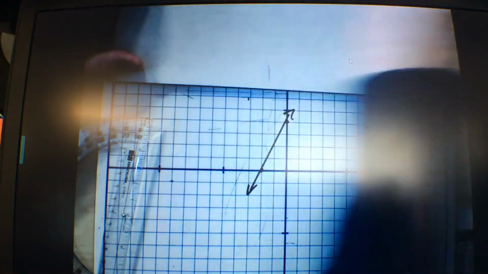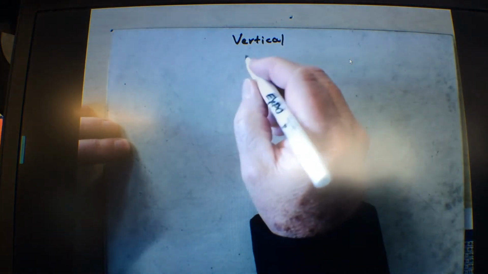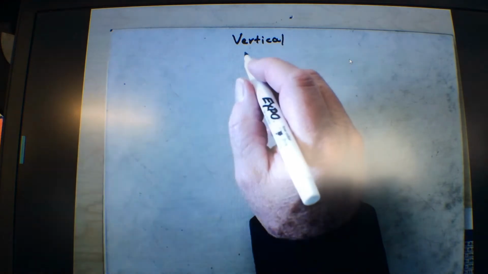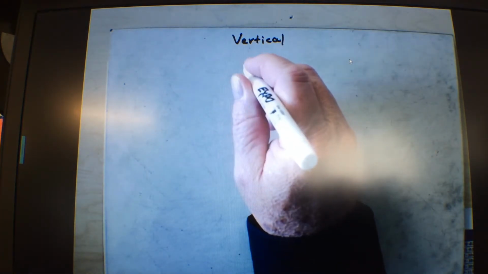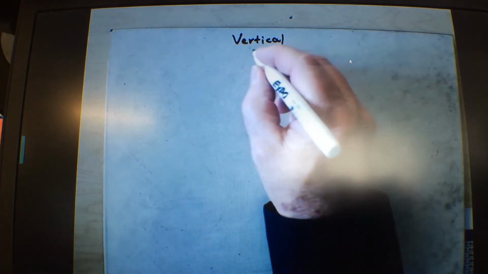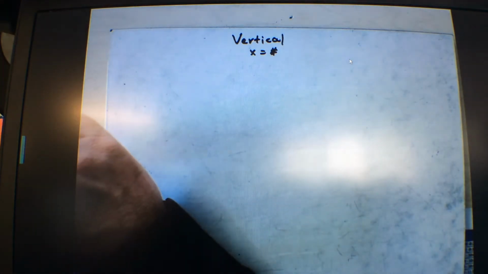Okay, yesterday I told you about 2 lines that were kind of pains. What were they? Vertical and horizontal. Okay. And what's the vertical? What's its formula? Remember from your notes yesterday. It was x equals some number.